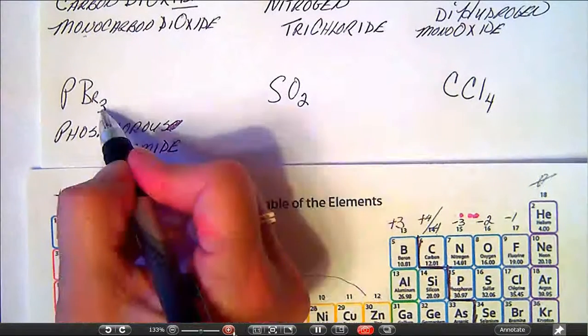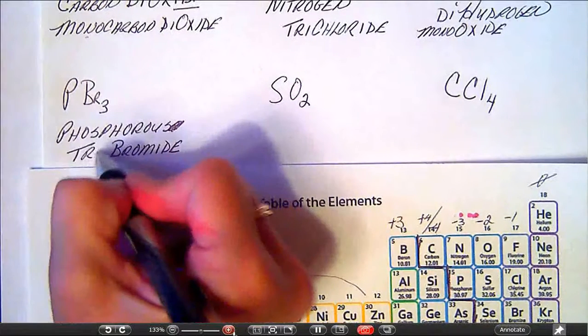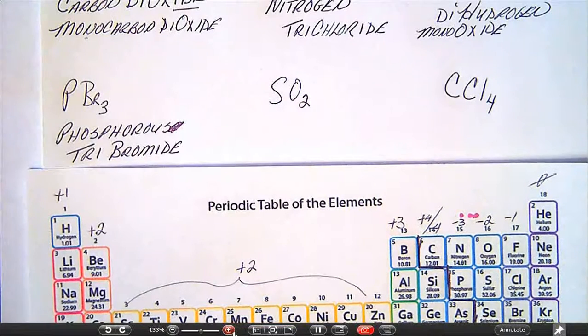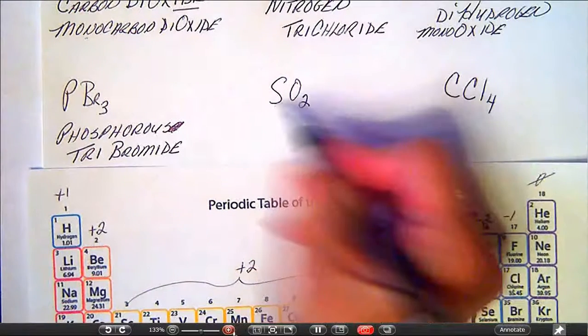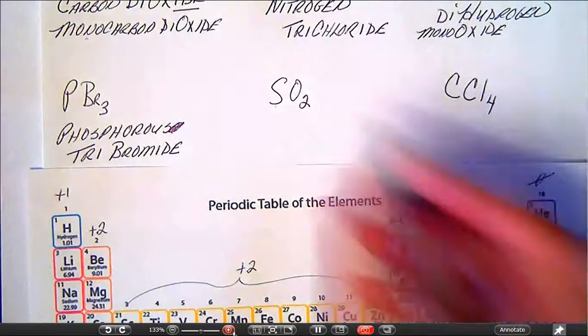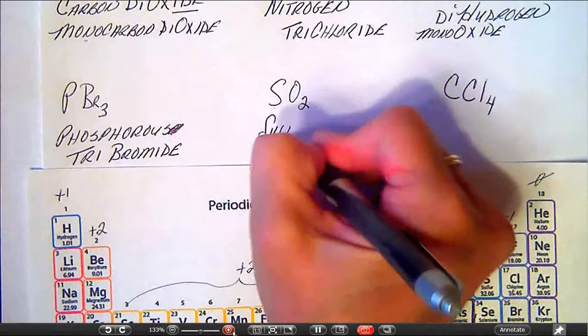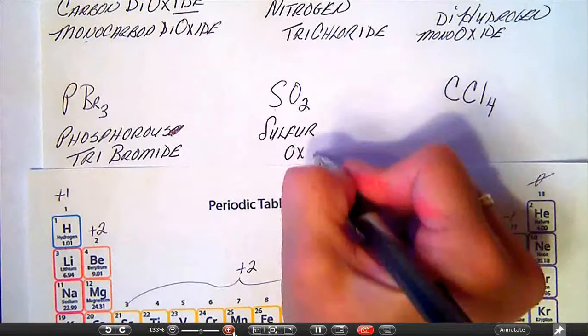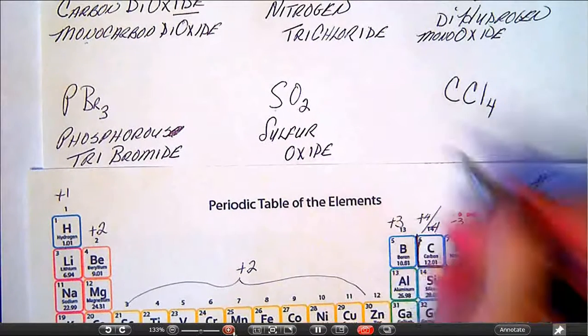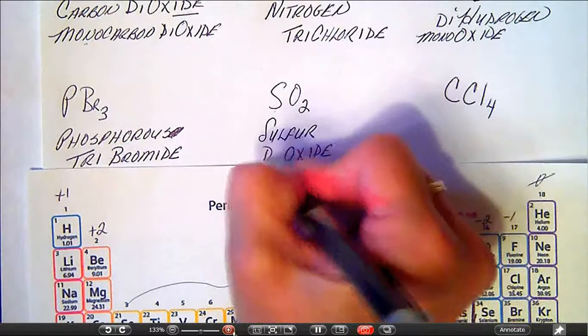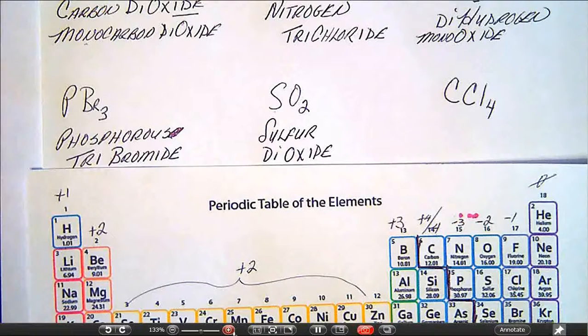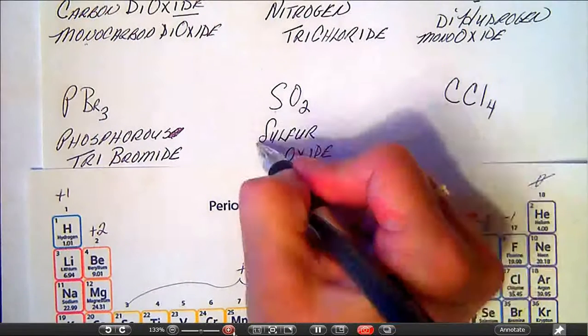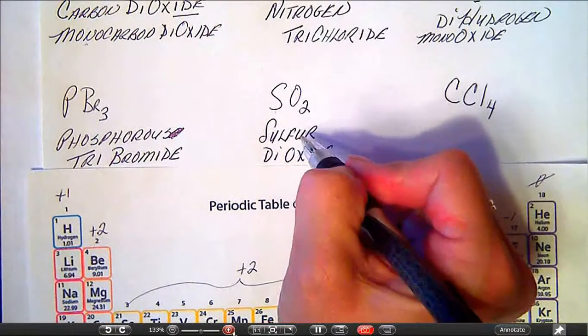And we have 3. Phosphorus tribromide. S, sulfur. Oxygen becomes oxide. Di for 2. Monosulfur, okay, not necessary.